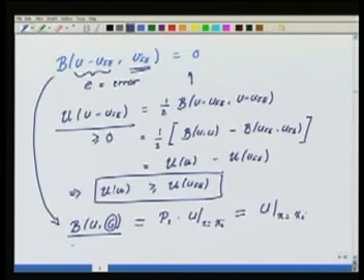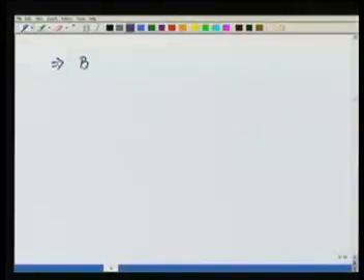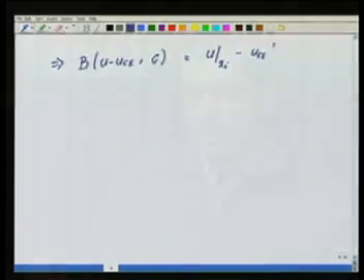But I know that this G is G_FE. So further, if I do it like this, B(u_FE, G), and then take the difference of the two, this implies B(u minus u_FE, G) is equal to u at the node xi minus u_FE at the node xi.